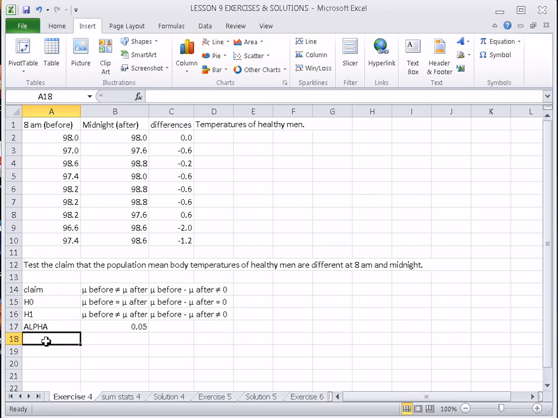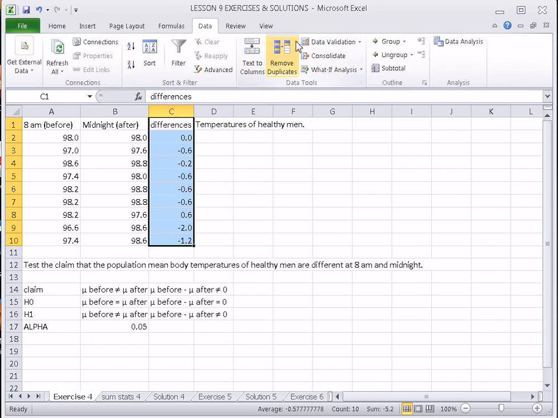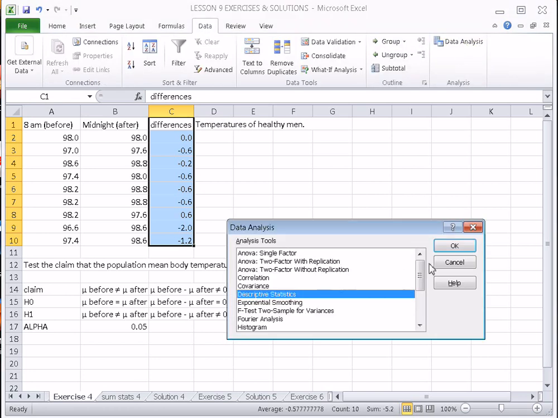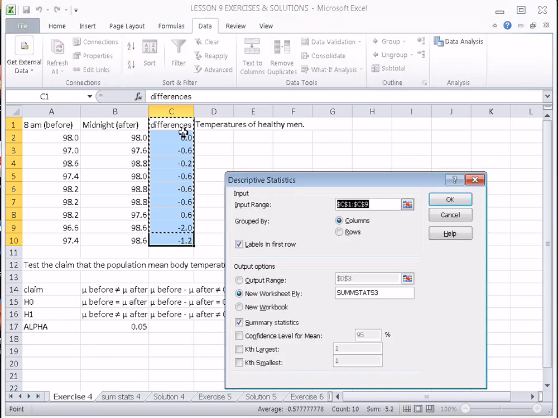And we need our sample statistics. So let's go ahead and have Excel do that for us. Let's go ahead with these differences. Data analysis, descriptive statistics. Okay, and we want all of this in there. I have my labels, new worksheet. This will be stats 4.